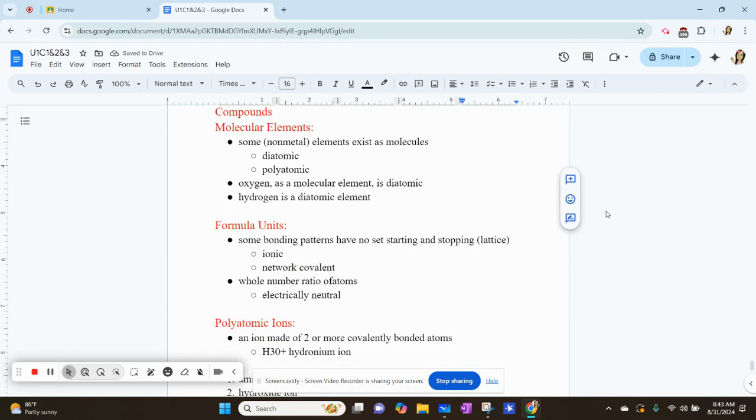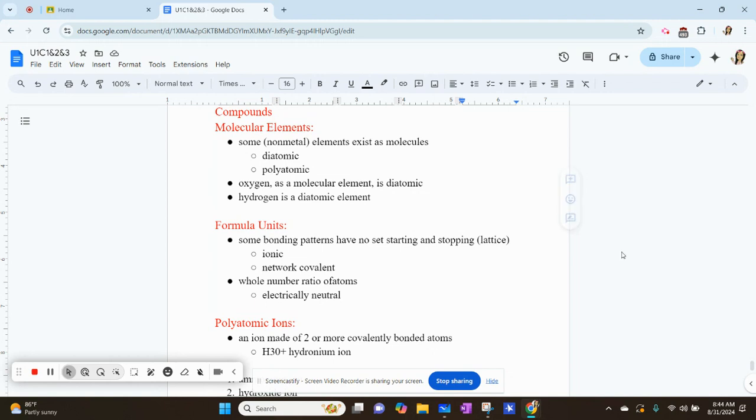All right, let's move on to compounds. Some nonmetal elements exist as molecules, diatomic and polyatomic. Oxygen, as a molecular element, is diatomic. And hydrogen is also a diatomic element.